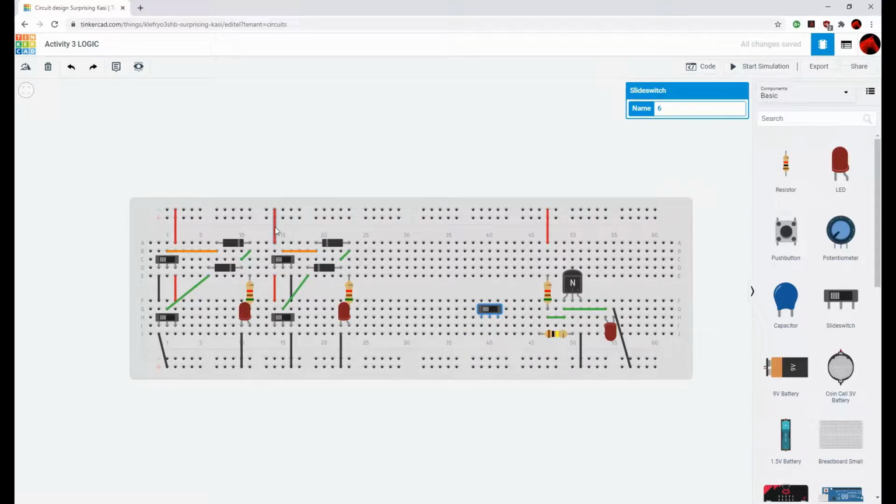Oop. I had just realized that's incorrect.